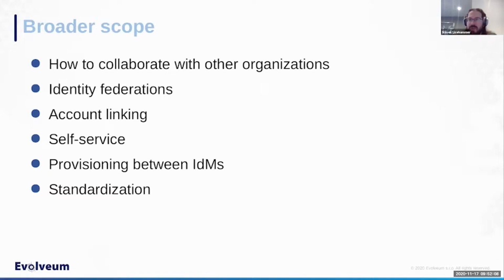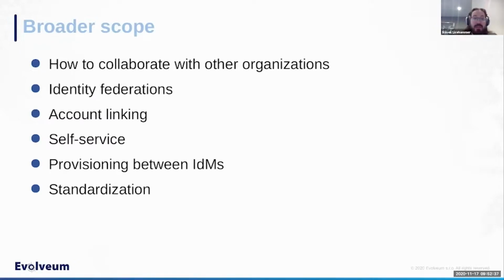We have to strengthen our self-service, because in the distributed environment of federations, self-service is really crucial. And eventually, we will get to the point where you have your nice IDM, and then you have some federated institutions that you are collaborating with, and you will have to strengthen this collaboration on the identity level and probably figure out how to provision data and users between different IDMs, like your own and some external ones.